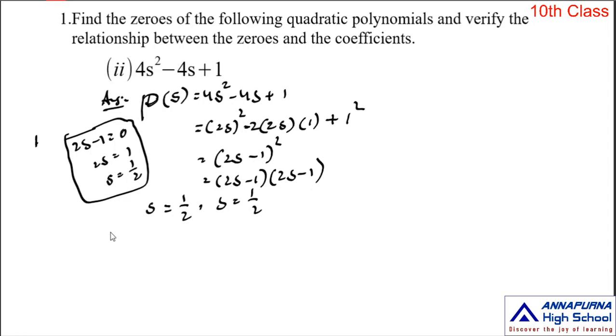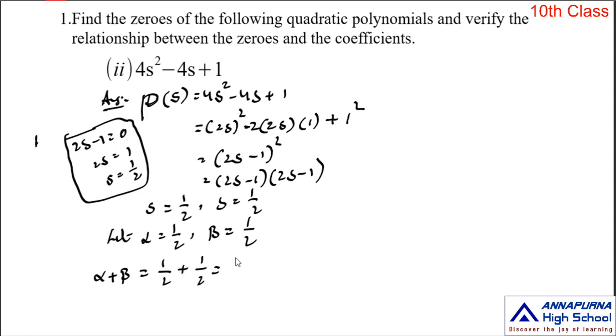Okay, now take these two zeros as alpha and beta. Alpha is equal to 1 by 2 and beta is equal to 1 by 2. Here the two zeros are equal. That means the parabola touches the x-axis at exactly one point only. Okay. Now verify the relations. Sum of the zeros, alpha plus beta is equal to 1 by 2 plus 1 by 2.